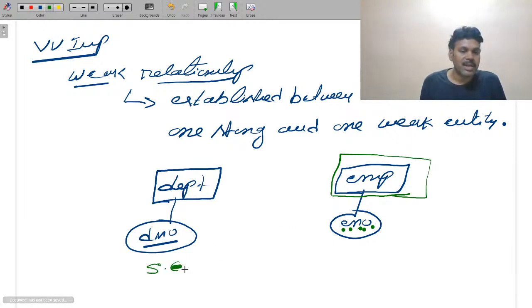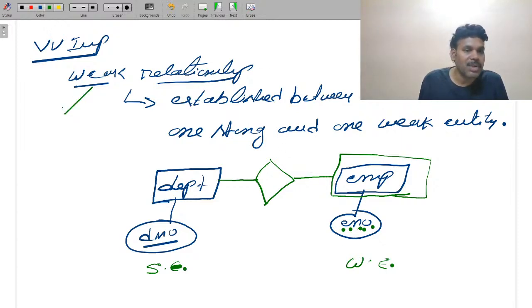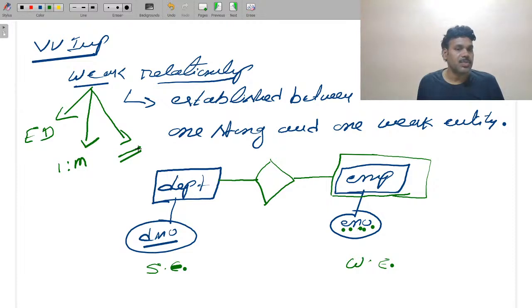This is a strong entity. This is a weak entity. A weak entity cannot be represented on its own. Therefore, you have to depend on a strong entity only. So when you depend on a strong entity, this weak relationship can be done using existence dependency, or using a one to many relationship, or using total participation. This is a total participation.